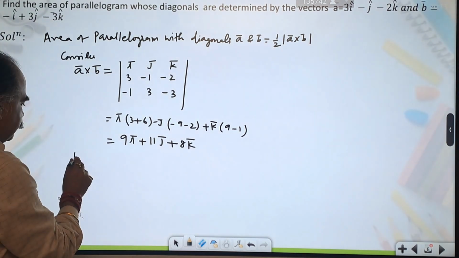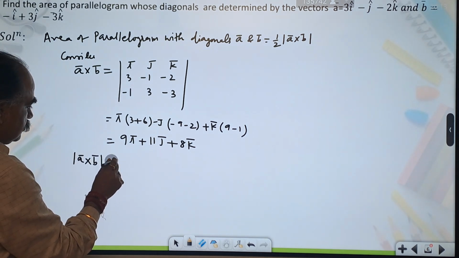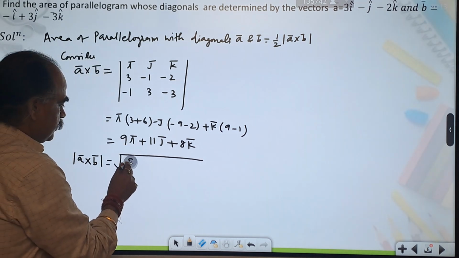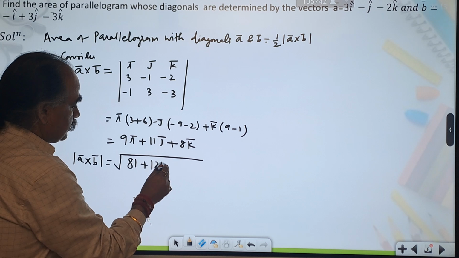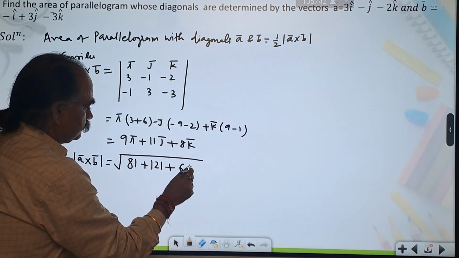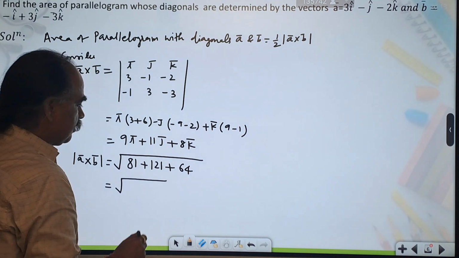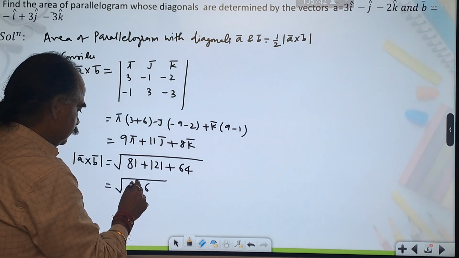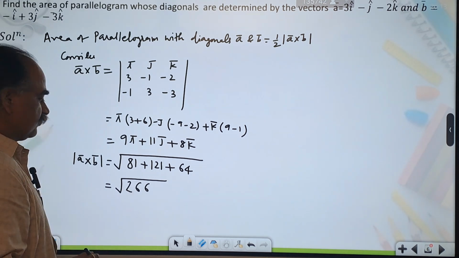So magnitude of A cross B is square root of 81 plus 121 plus 64, square root of 266.